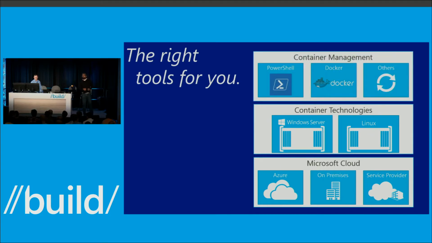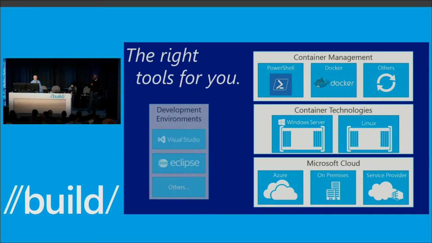You have a choice of the management tools that you want to use. I'm just summarizing what you have, making sure that you understand the different pivot points. You also have a choice of the development environments, and this is where we start talking about your favorite tools that you use to manage and deploy.